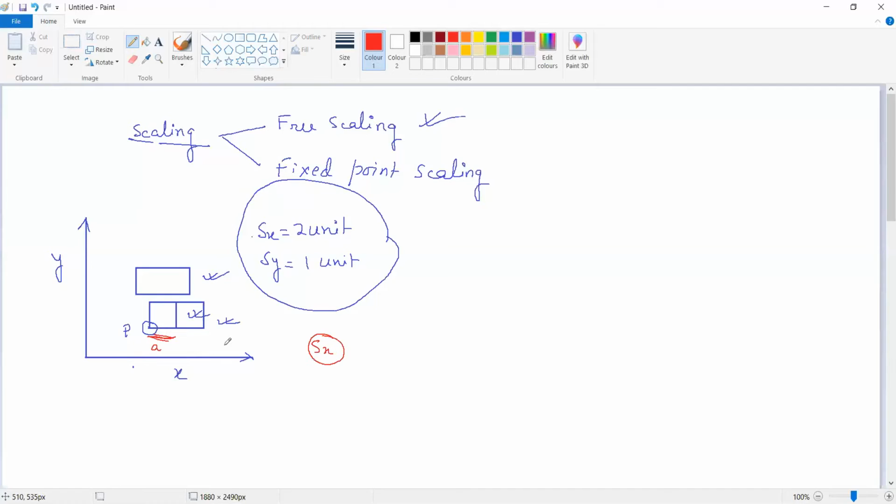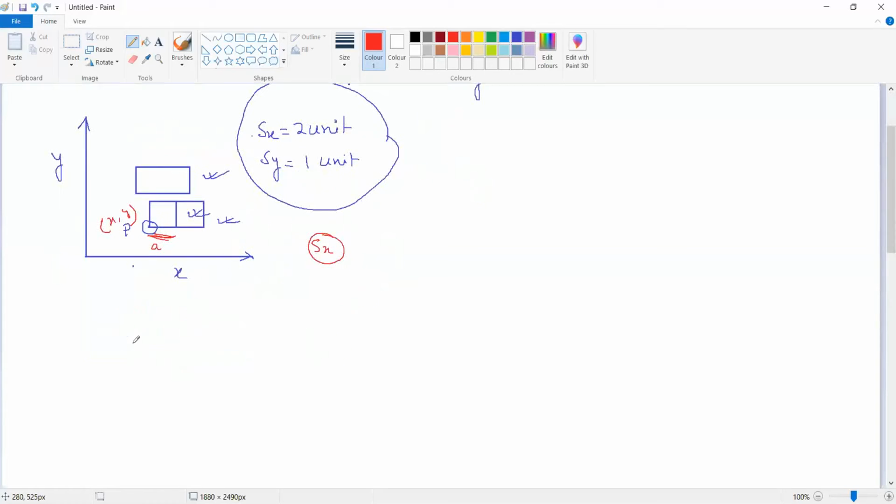If you scale this object by Sx units, what will happen? Your x coordinate will be multiplied. So if the coordinate of the point P is x and y, in that case the x coordinate will be multiplied by Sx and the y coordinate will be multiplied by Sy.